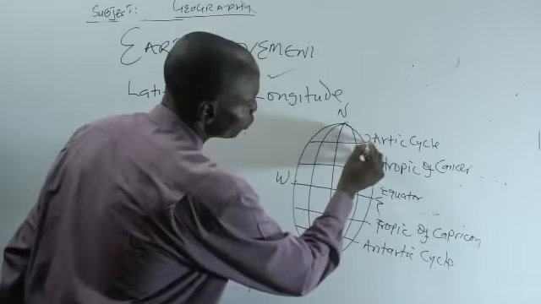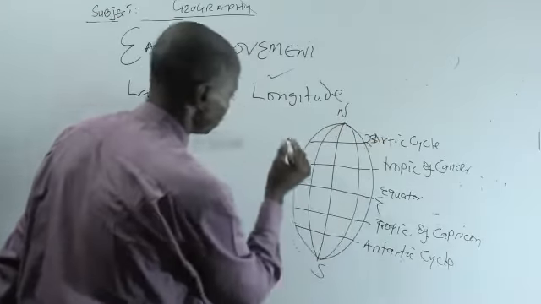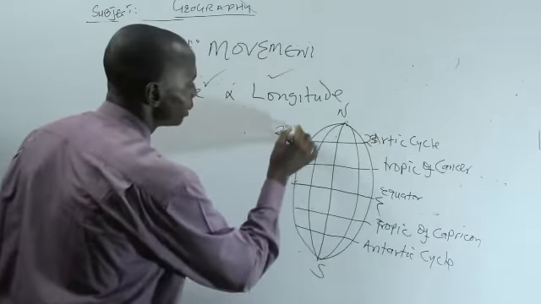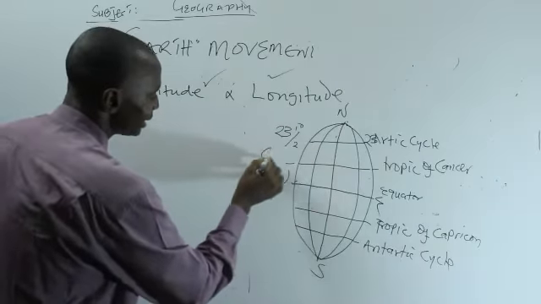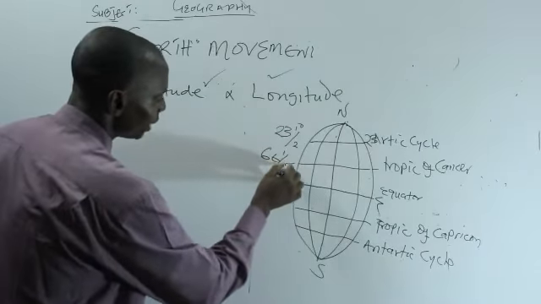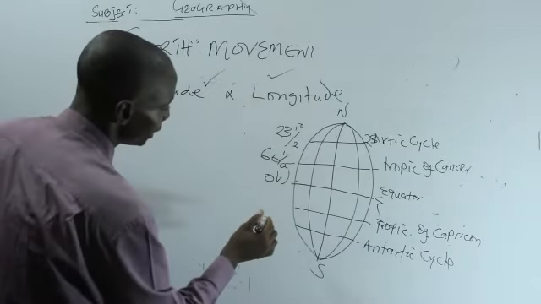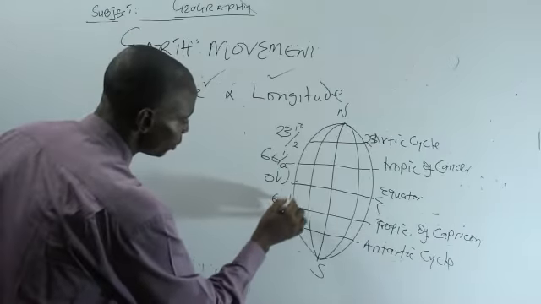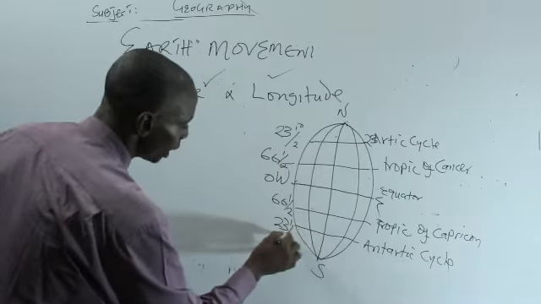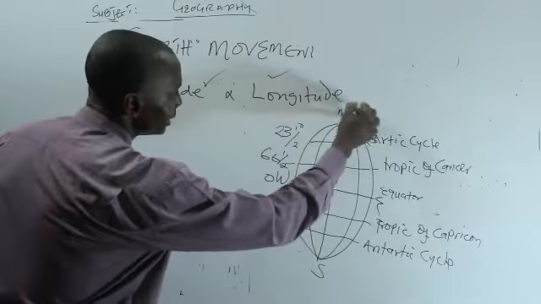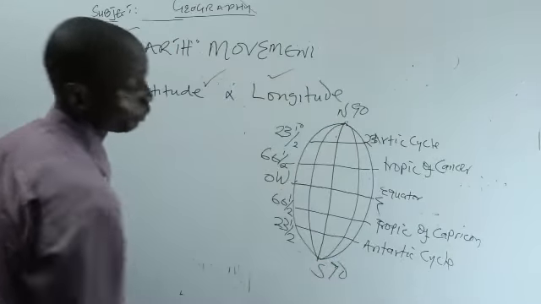Here we have 23 1/2 degrees. Here is 66 1/2. This is 0. The same 66 1/2. The same 23 1/2. This is 90 degrees. This is 90 degrees.